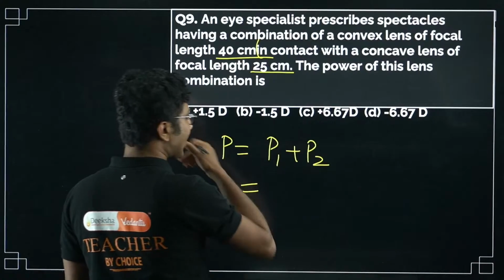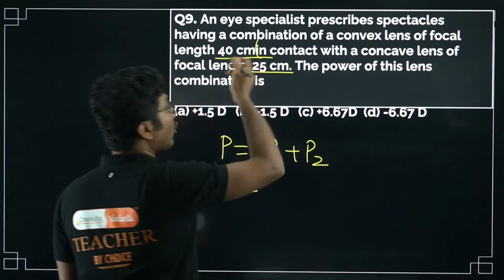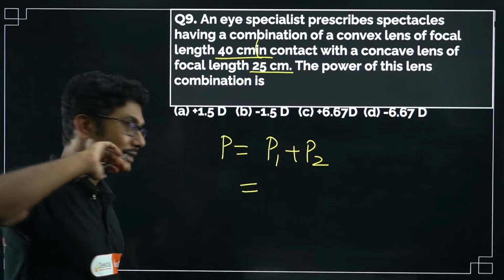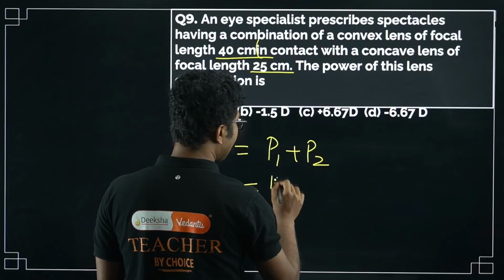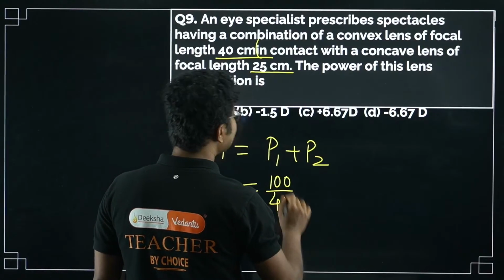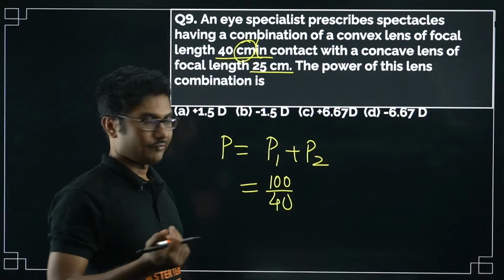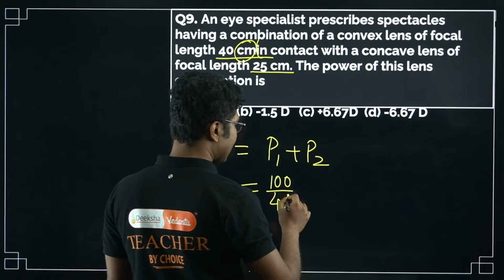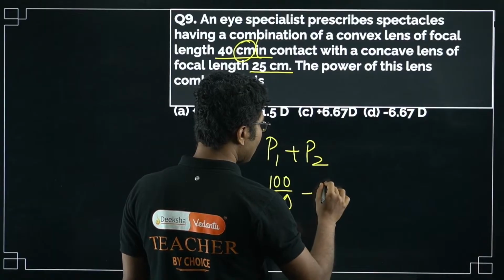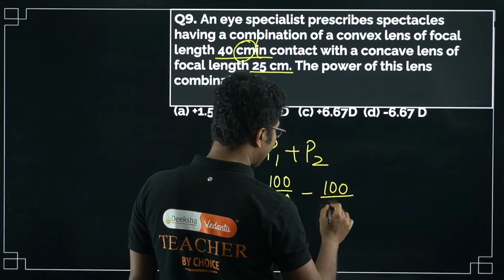Now, it is not 1 by f, it is 100 by f. Why 100 by f? Because it is given in centimeters. If it is in meters, it will be 1 by f. Always the unit will be in meters, so to convert the unit into meters, we use the formula 100 by f.